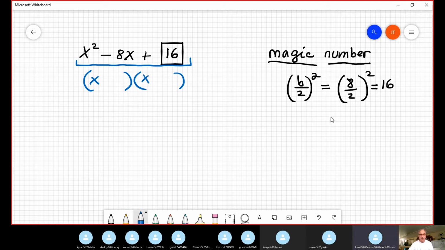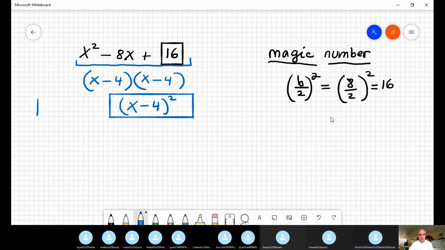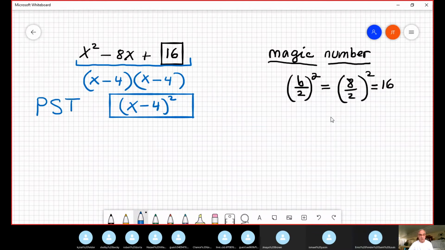X minus 4 and X minus 4. Exactly. Therefore, not necessarily two parentheses, only one, because they are always twin brothers. It's a square. This is a perfect square trinomial.